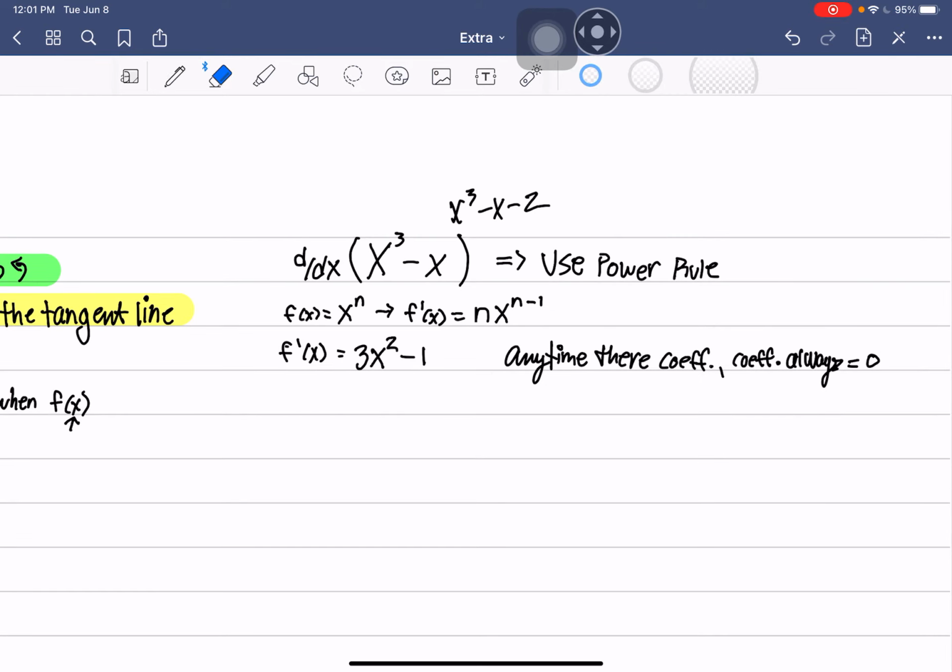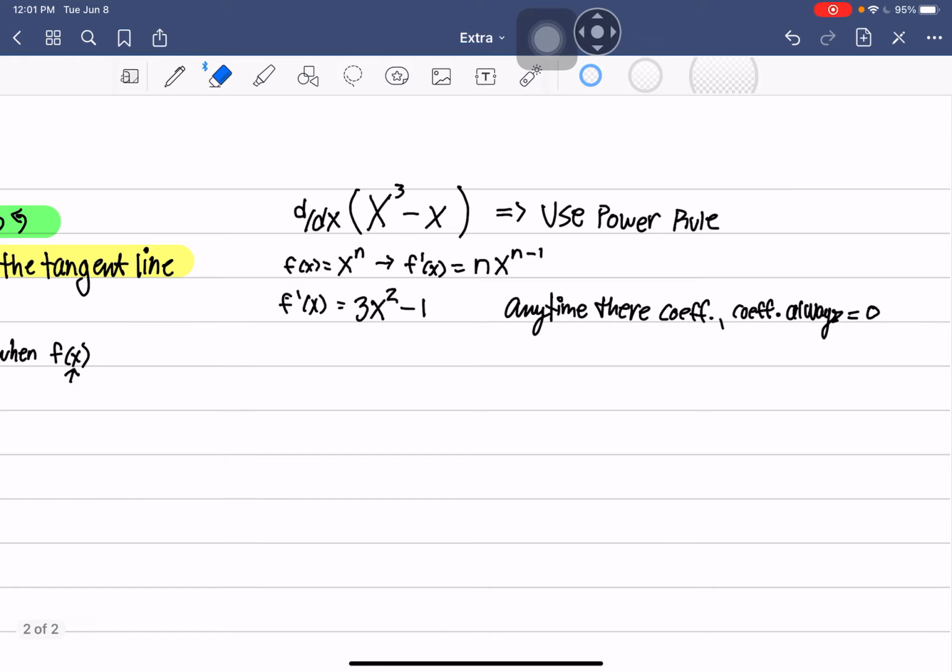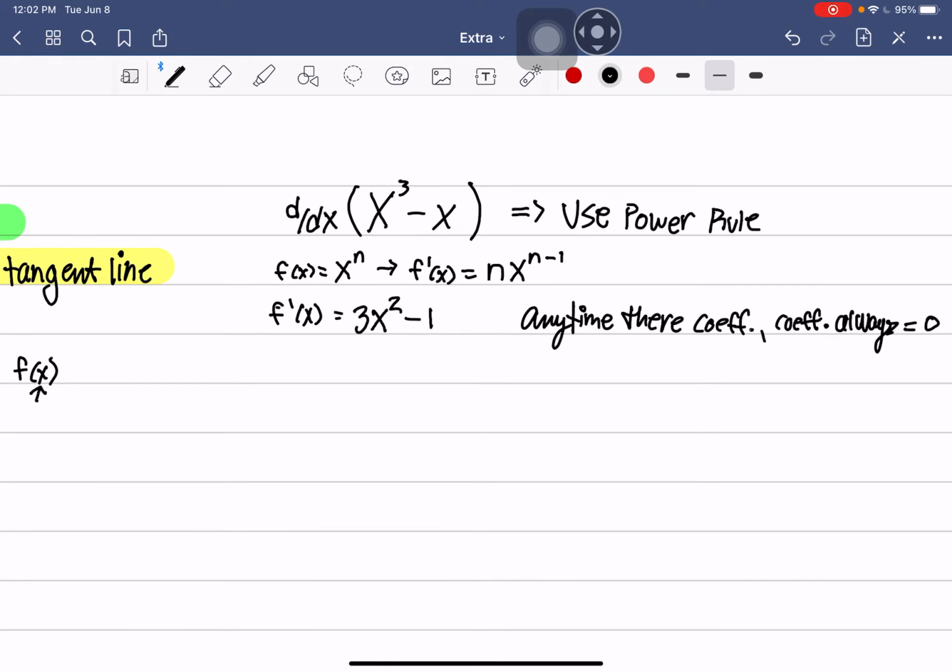Okay, so just keep that in mind. Okay, so now that we have the derivative of our problem, we know how to use the power rule. This is the most simple one.